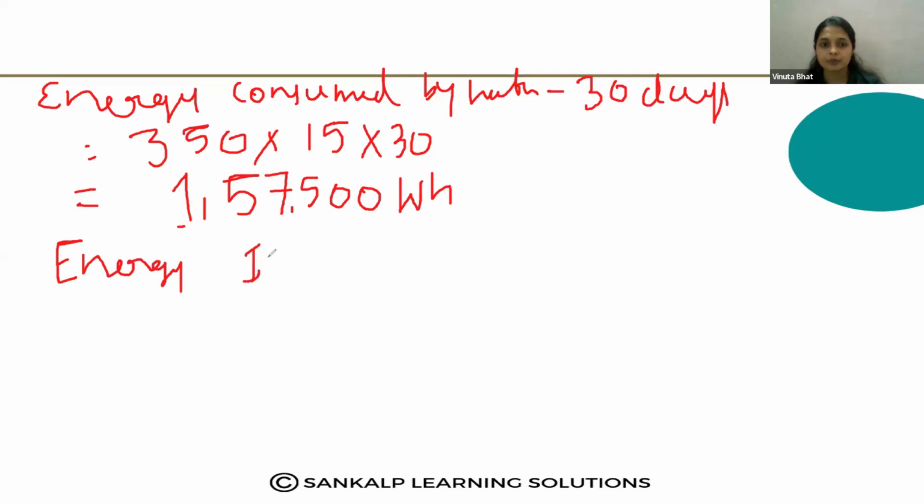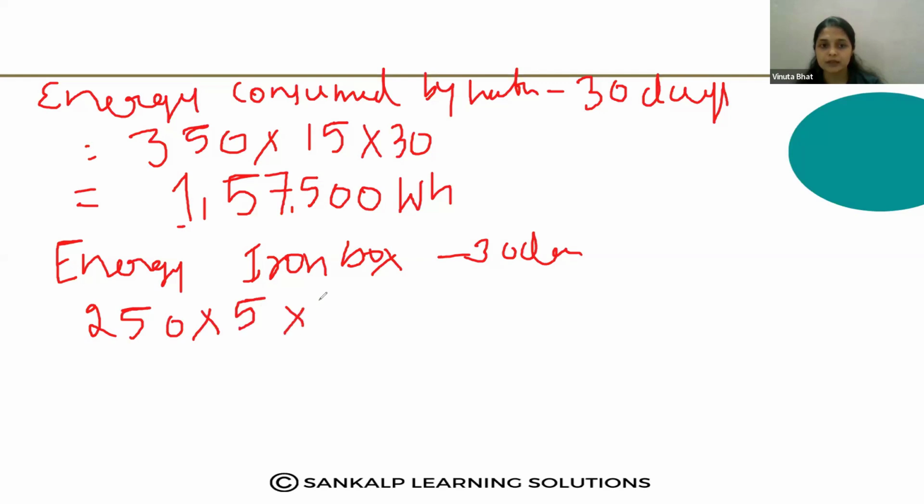Then the energy consumed by the iron box in 30 days. What is the power? That is 250 watt into 5 hours per day, into 30 days. Just multiply this: 5 5s are 25, 2, 5 2s are 10, 12 into 30.